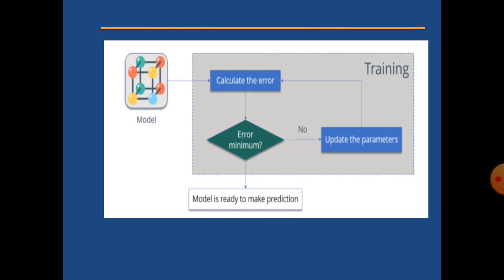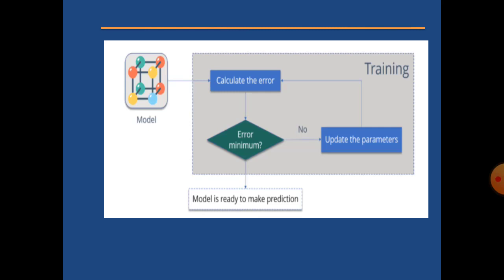Using that 80%, we train the model, using different classification models like Naive Bayes, KNN, SVM, random forest, or decision tree. Using the 20% of the data, we check how accurately that model is working, or how accurately that model is predicting.